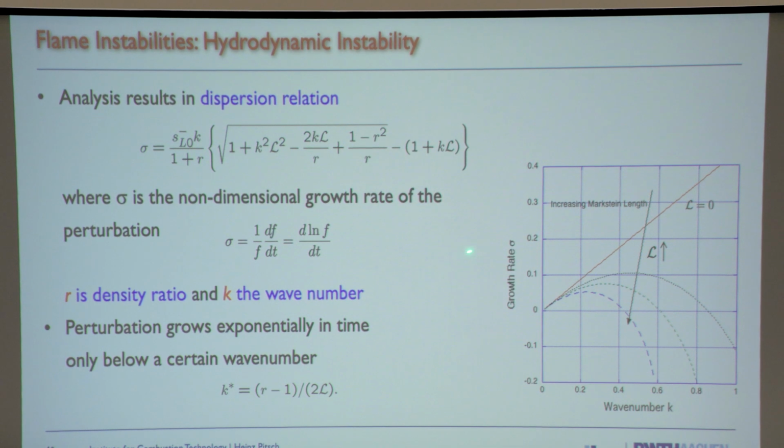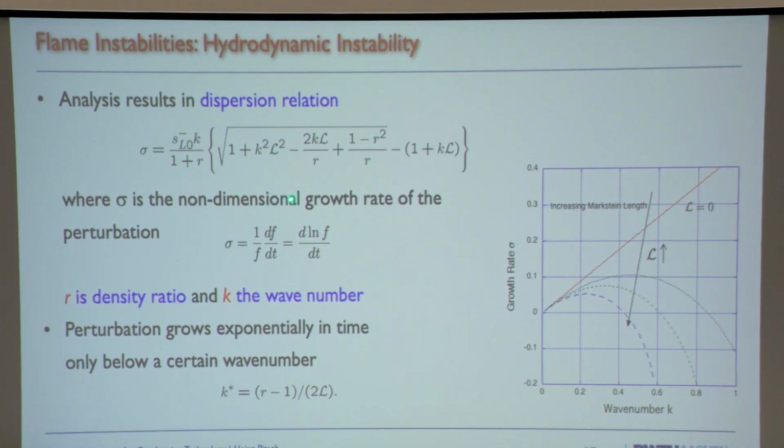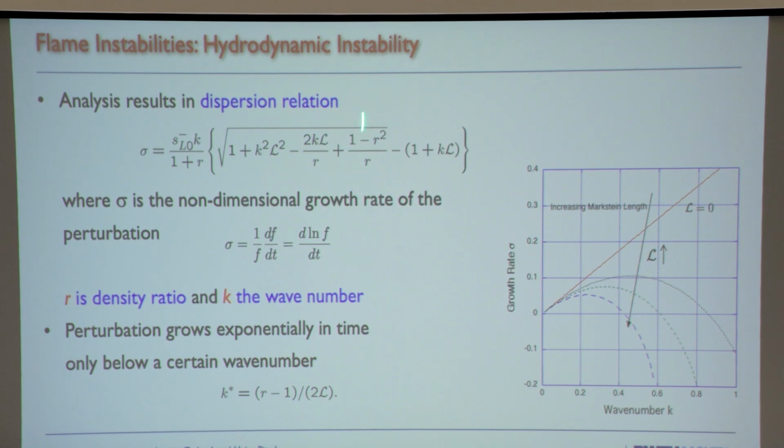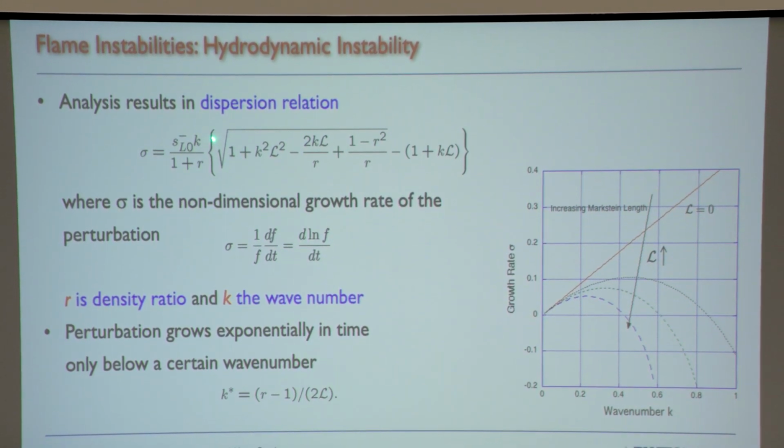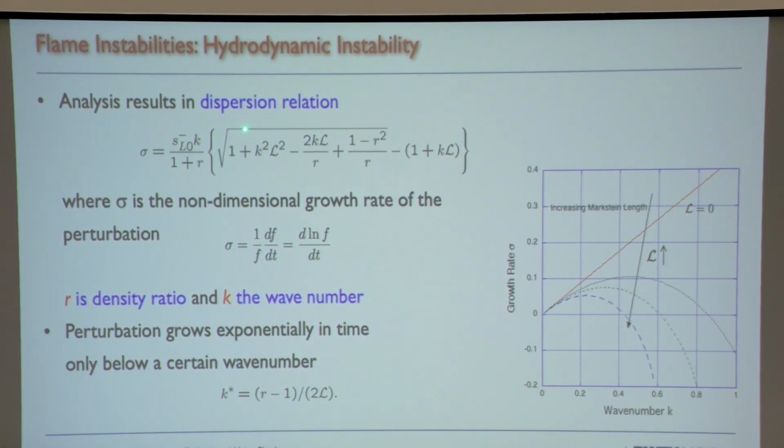And you see here, if you forget about diffusive effects, so let's assume the Markstein number is 0, then all of this here goes away. It's just this 1, and then I have only this first term. And so this means the growth rate is proportional to the wave number.